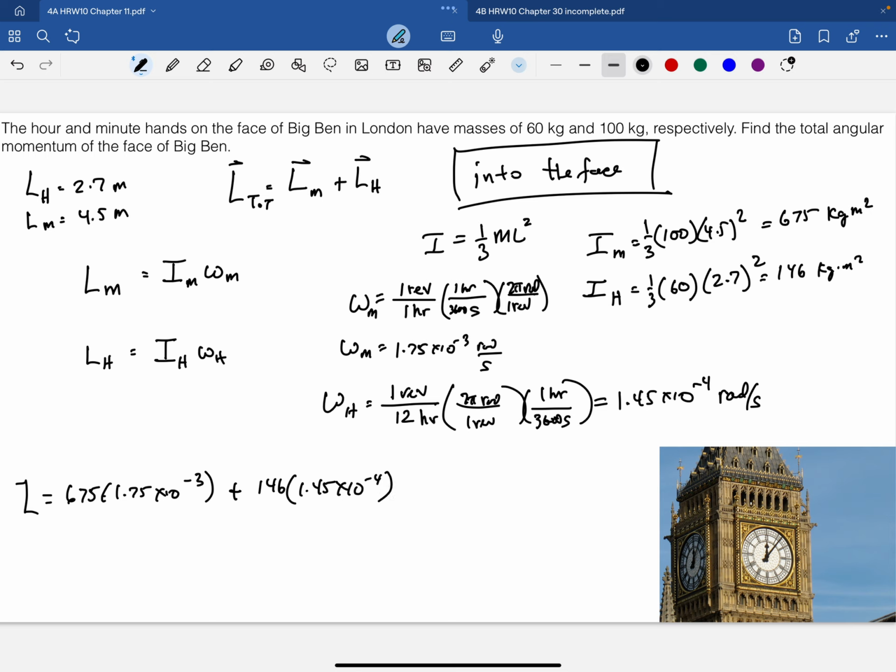Is this going to be a really big number or a really small number? Pretty small number. 1.2 kilogram meter squared per second, which, again, you have no reference for how much that is. But it is very small. And why is it very small? How fast is the clock face going?